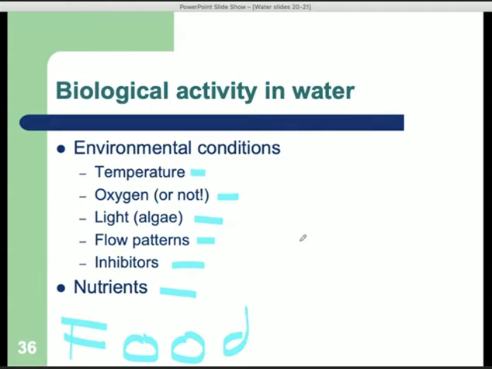Food. So a modern wastewater treatment plant is more than just something where you have a filter and get the coarse things out. It's essentially a biological breeding factory for bacteria, where you create the right environmental conditions. You worry about temperature and oxygen and light and all these sort of things.